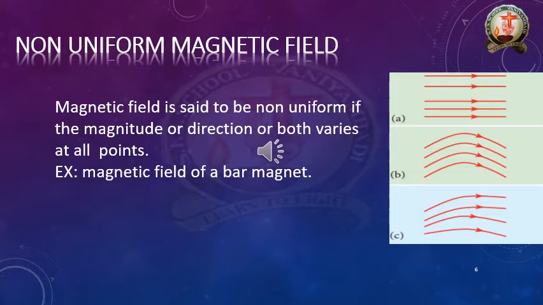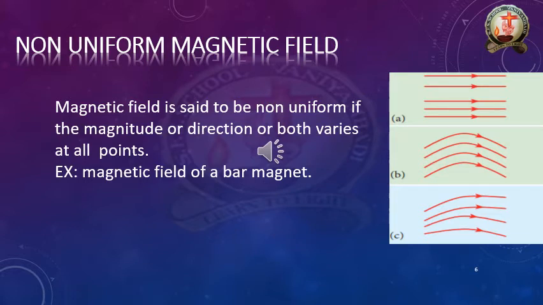Next, figure C. In that figure, the gap between all the lines is not the same. The gap between the first line and second line is more. The gap between the second line and third line is less. And the gap between the third line and fourth line is again more.